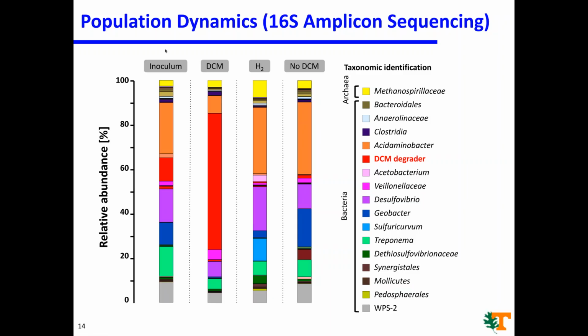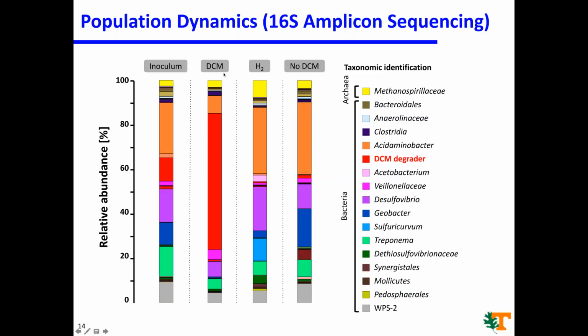So the diversity of different types of organisms is a little bit lower here than what you would expect to get from a groundwater. But the principles I explain now are the same. Here's the inoculum. And this is a culture that degrades dichloromethane. So this is the distribution of different types of organisms in the inoculum.